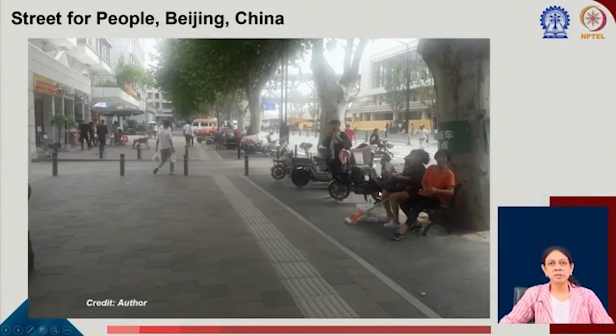A street for people in Beijing, China. A very happening and relaxed space with all the features. You have these tactile tiles, scooter parking zones, people sitting and relaxing, young mothers and elderly people, and bollards which separate it from the vehicular crossovers.